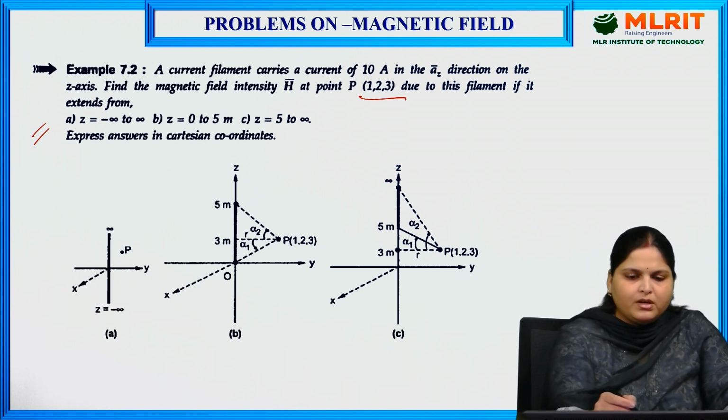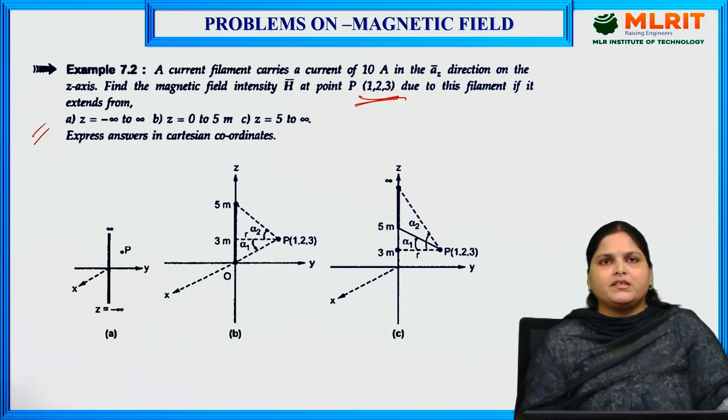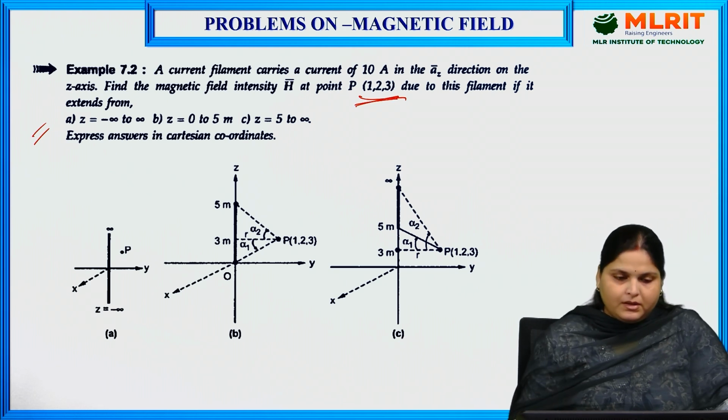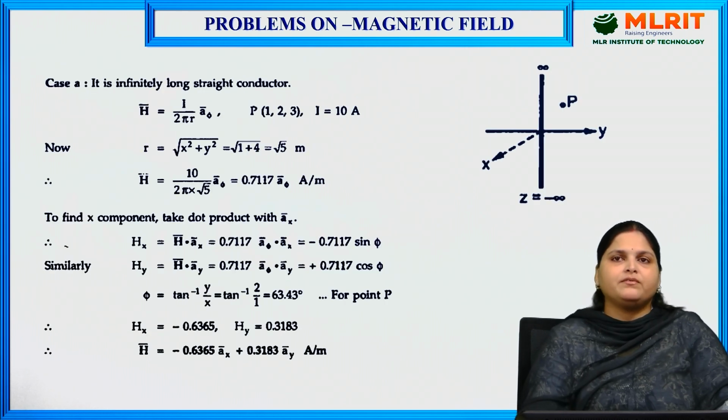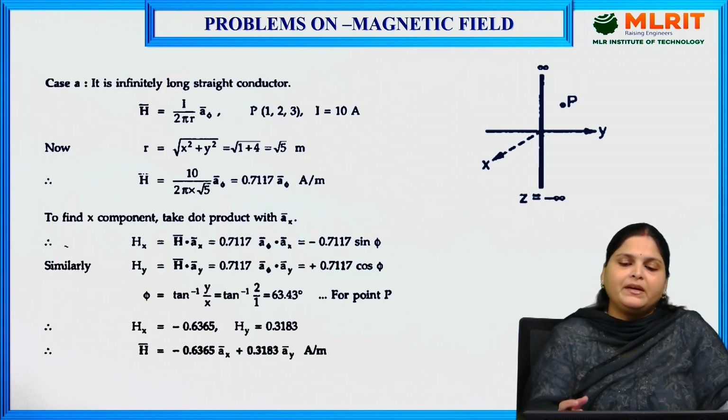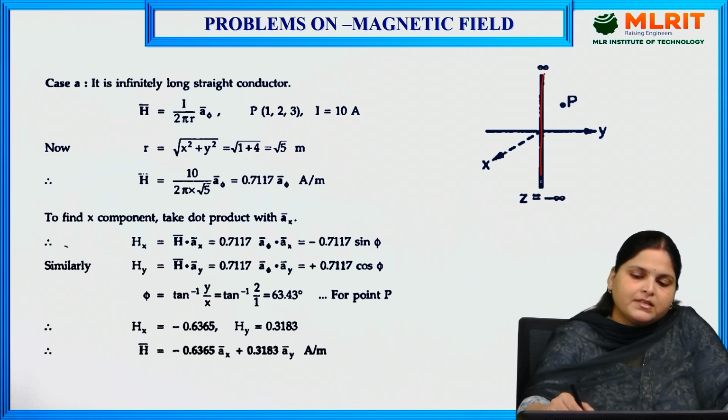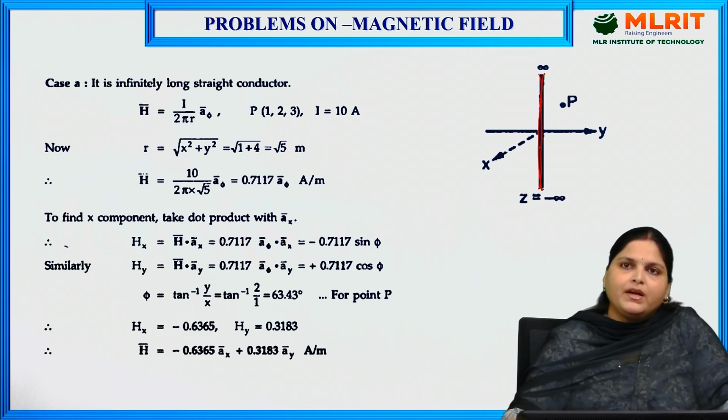And also by this point, it is clear that this particular question is given in the Cartesian coordinate system. Okay, let's solve the first case where the filament is extending from minus infinity to plus infinity.